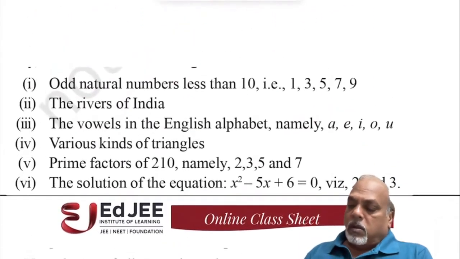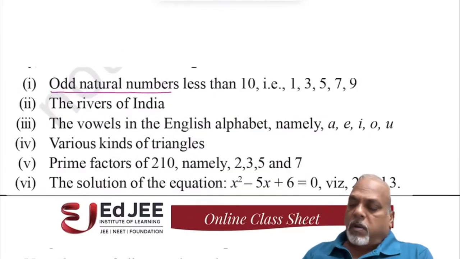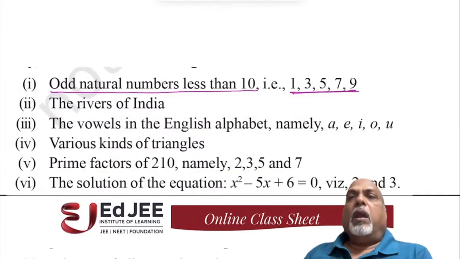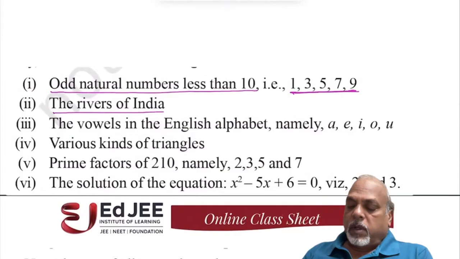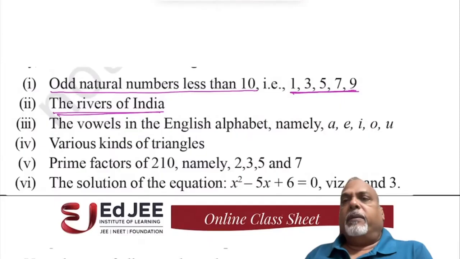Now, just see here, let us examine this: odd natural numbers less than 10. This is also a set. Rivers of India. There will be a finite number of rivers in India. This can be a set.